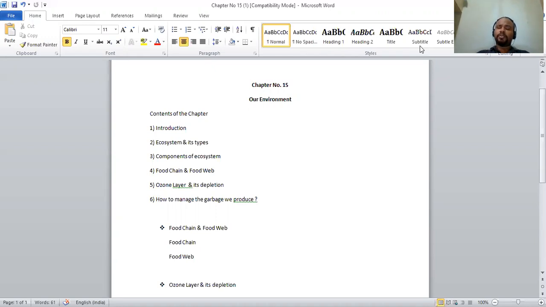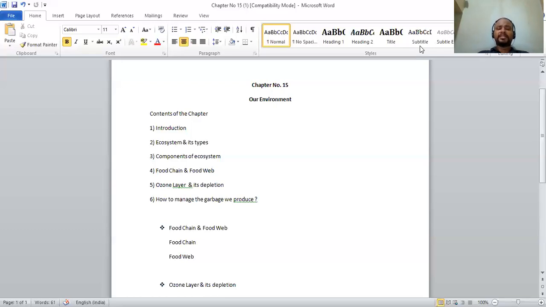Terrestrial ecosystem includes grasslands, forests, and deserts, whereas aquatic ecosystem includes freshwater ecosystem as well as marine ecosystem. Freshwater ecosystem includes lakes, ponds, rivers, whereas marine ecosystem includes oceans. The marine ecosystem is the largest of all the ecosystems.